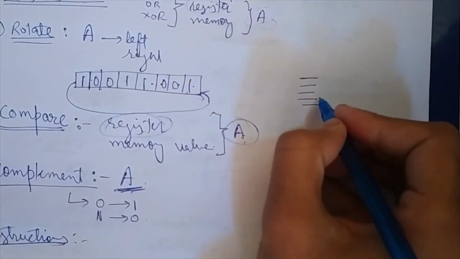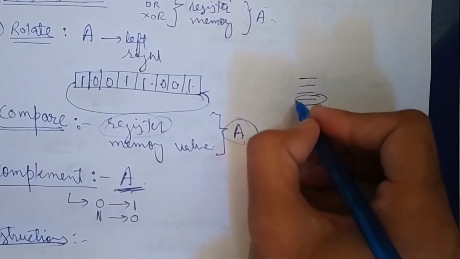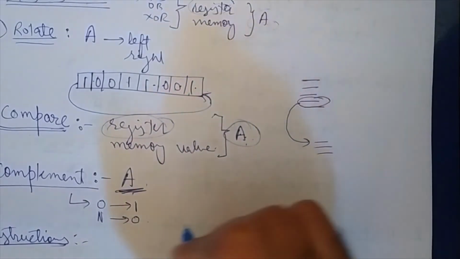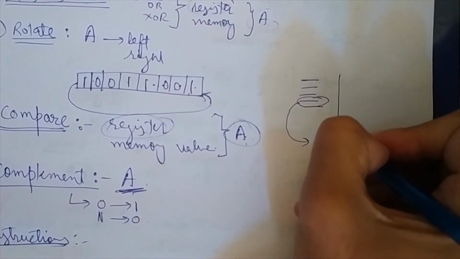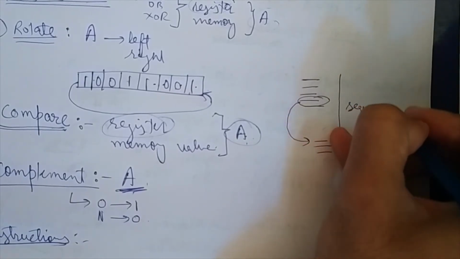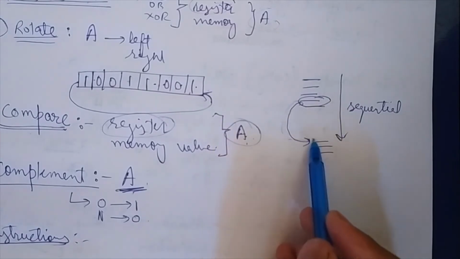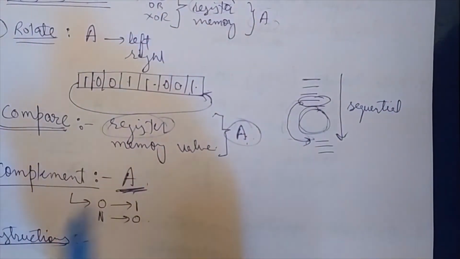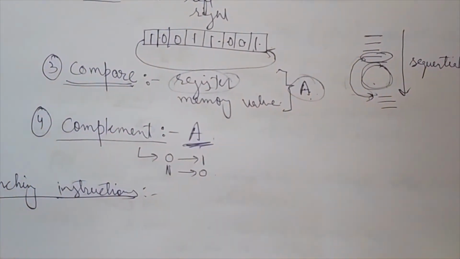However, if there is the requirement of a branch, we have to go from this instruction to some other instruction. So actually the execution was sequential. However, if we want to move from sequential to some other location, leaving some instructions in between, then for that particular scenario, we require branching instructions.